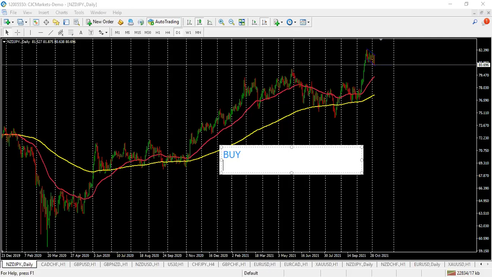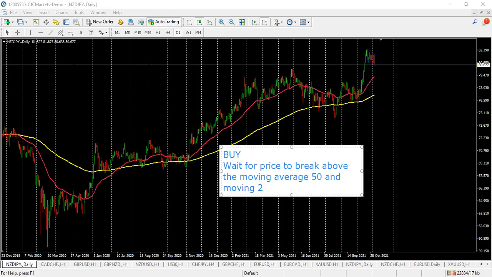For you to enter for a buy, you need to wait for price to cross or break above the moving average 50 and the moving average 200 on 1 hour time frame, 4 hours time frame, and daily time frame. This is the only reason you will enter for a buy.